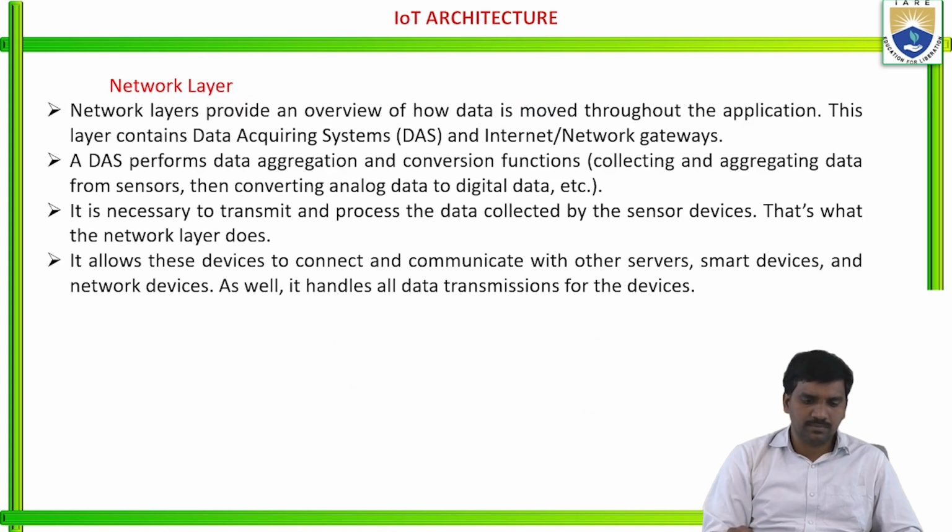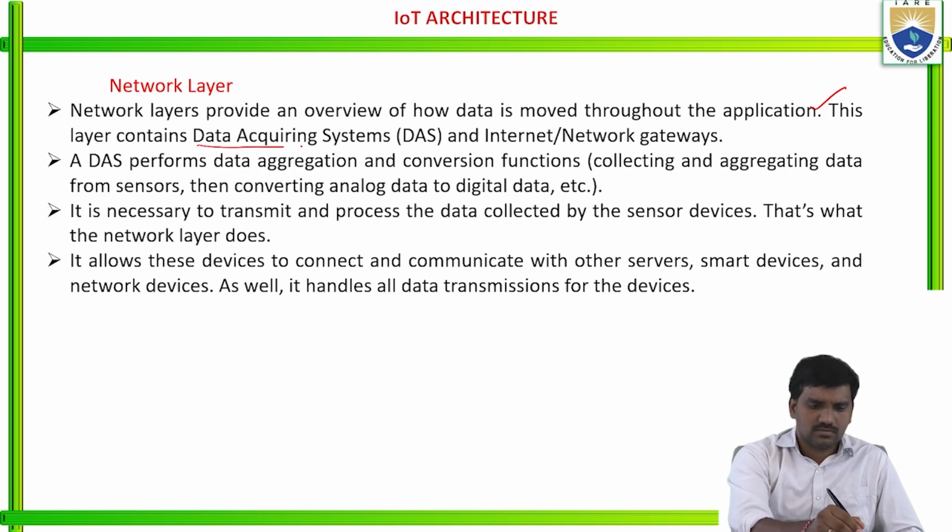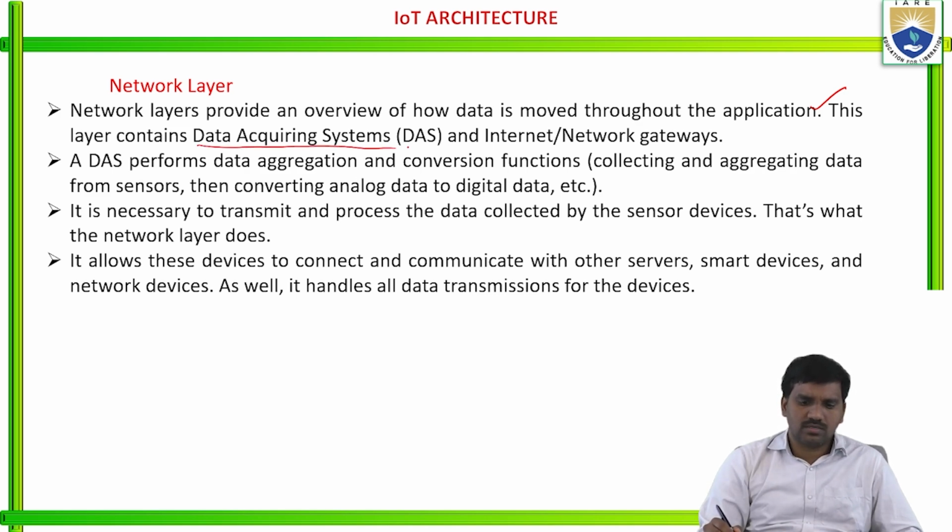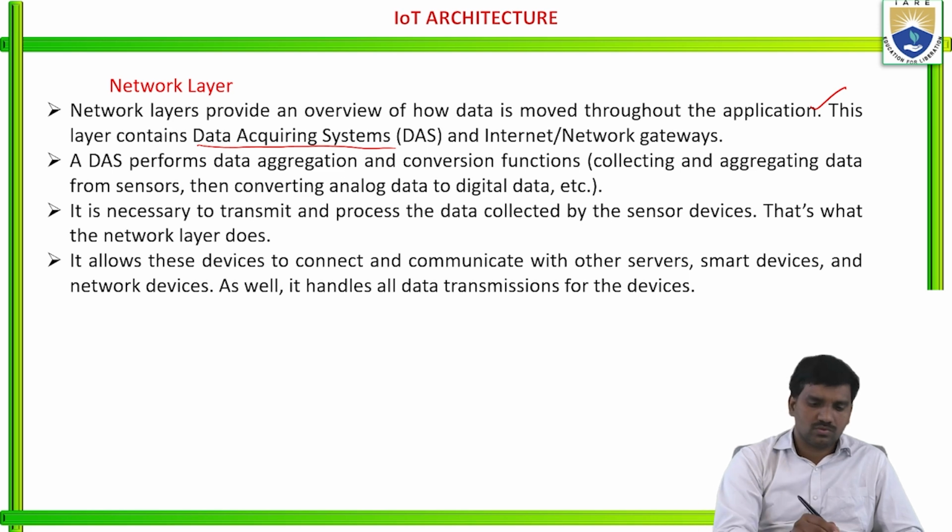Next, the network layer. The network layer provides an overview of how data is moved throughout the applications. This layer contains data acquisition systems (DAS) and the network or internet gateways. The DAS perform data aggregation and conversion functions, collecting data from sensors, then converting analog information to digital form, like with ADC, analog to digital converters.